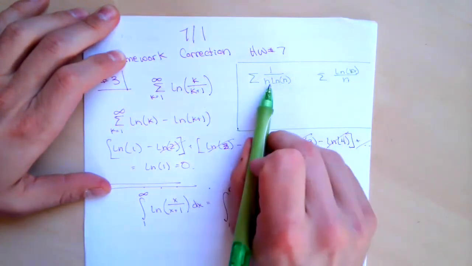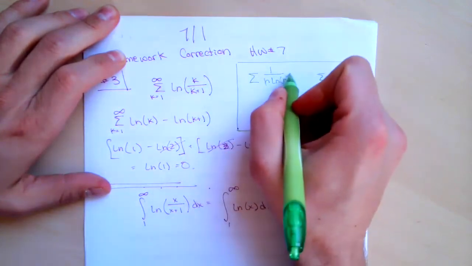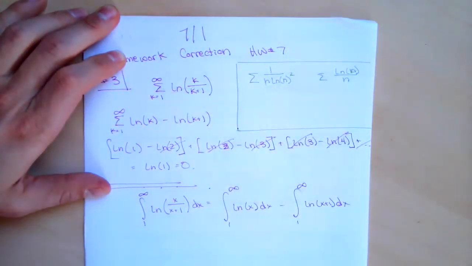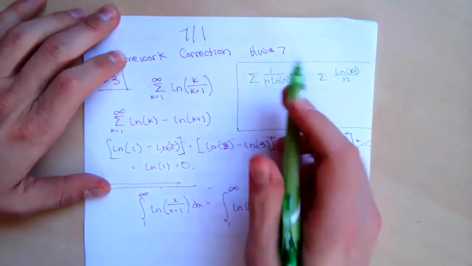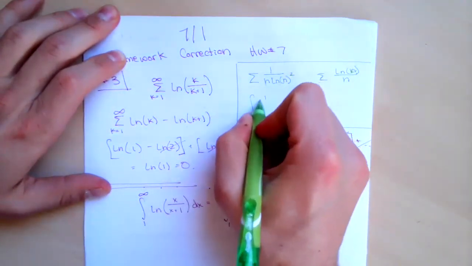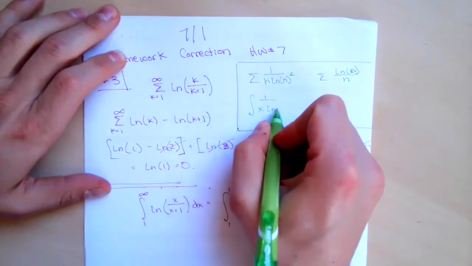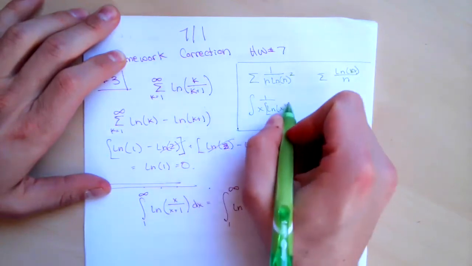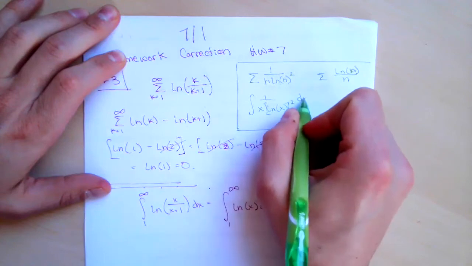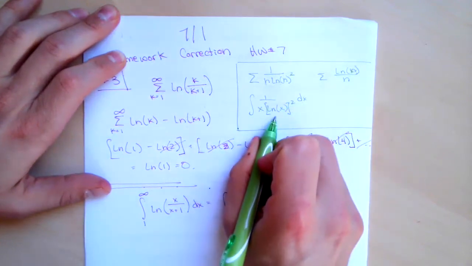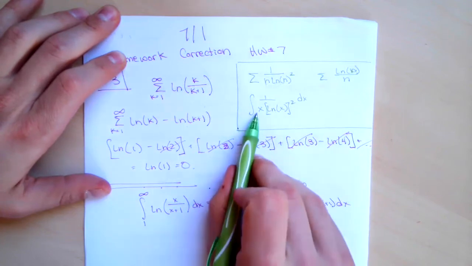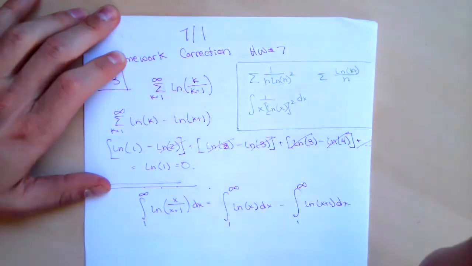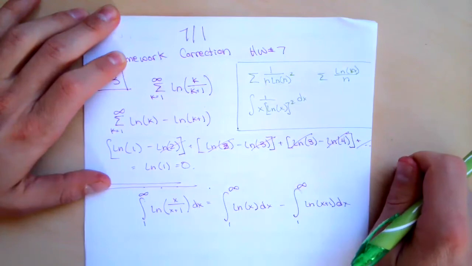I could even square that natural log, because as soon as I switch it to an integral test, it's something like 1 over x natural log of x squared. Now integrating that is easy because we can do a quick u sub. u is natural log of x, du is 1 over x dx, and the integral just pops out pretty easily.